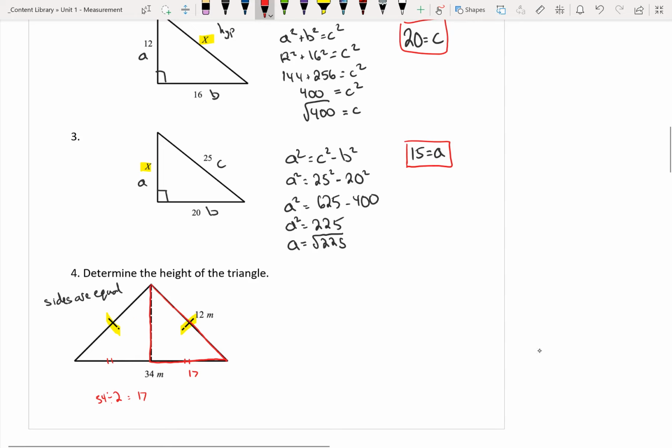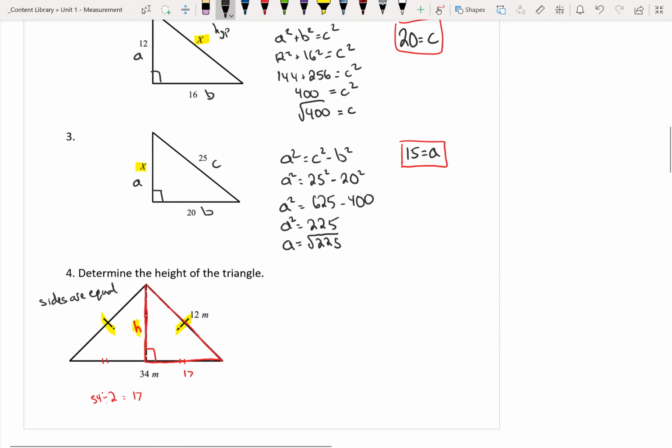So if I divide this triangle in half, I have a right angle triangle, and I can look for my height using Pythagorean theorem. So it is not the hypotenuse I'm looking for, it is the leg. So I'm going to use a squared equals c squared minus b squared. So a squared is equal to 12 squared minus 17 squared.